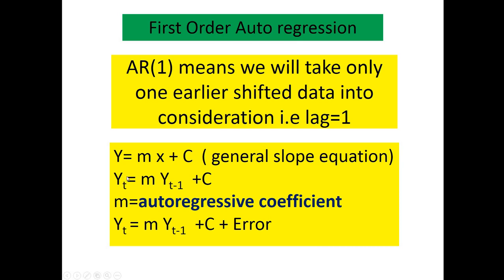So in our case, the prediction yt depends on the previous one value, one lag, that is yt minus 1, multiplied by a slope and a constant. And m is now known as the autoregressive coefficient. And in any such model, you should always include an error term.